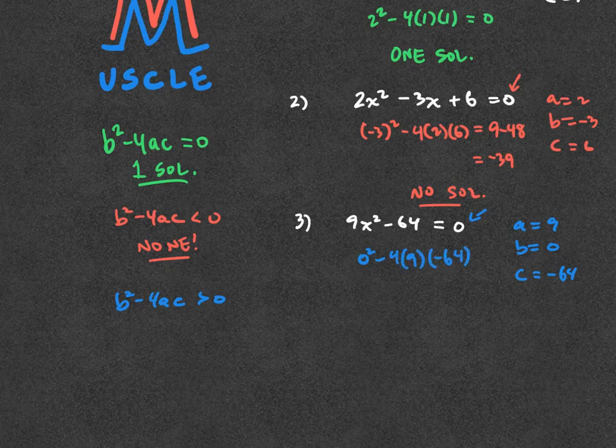I have no idea what that product is, but I do know that a negative times a negative is a positive, so it's going to be a positive large number. I don't want to do the work, but you probably should for your math homework. So it's a positive large number, which means it's greater than 0, which means there will be two solutions. So you've got more work to do.